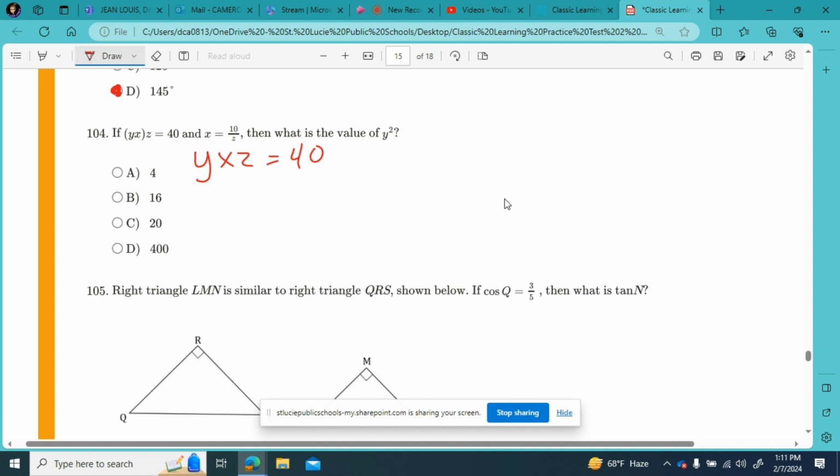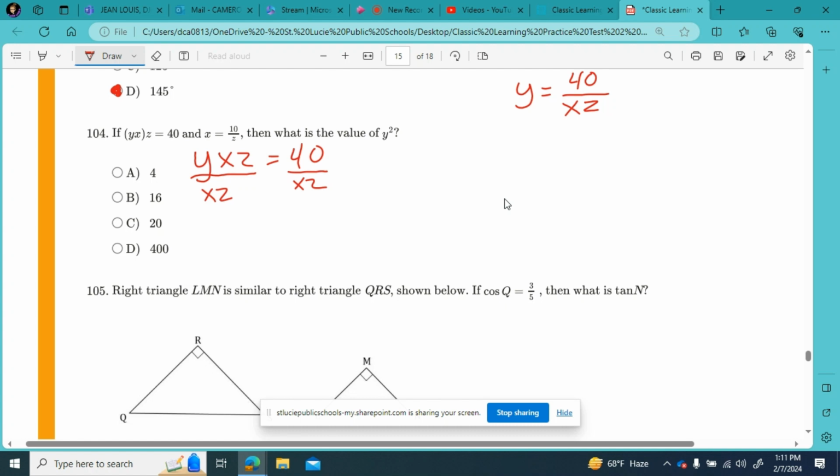So I can immediately divide both sides by xz to get what y is equal to. So y equals 40 over xz, and x equals 10 over z.